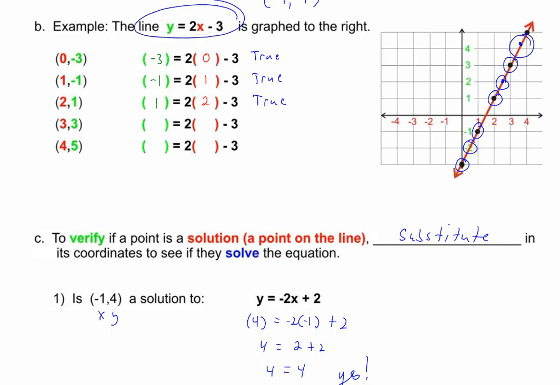I showed you 7 solutions, but how many total solutions are there? How many? Come on, be brave, say it. Infinity, right? Because this is a solution, this point, that point, this one, that one, forever up, forever down, each point, right? Forever in between, every point is a solution.